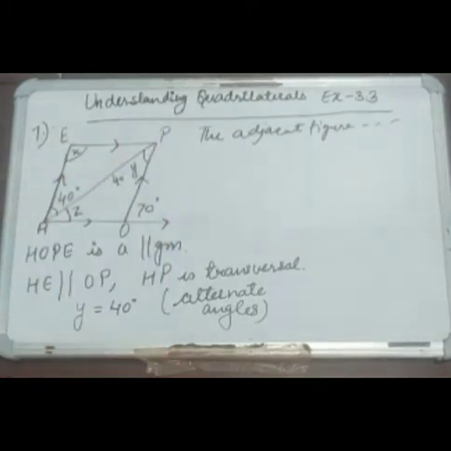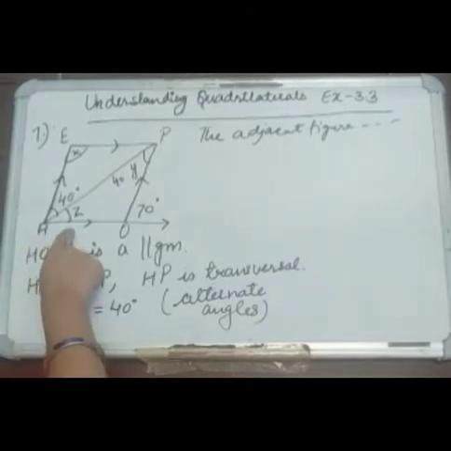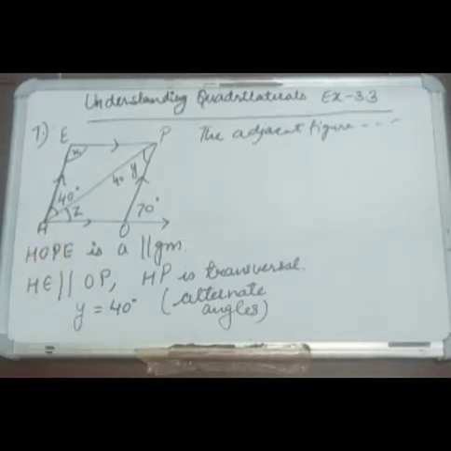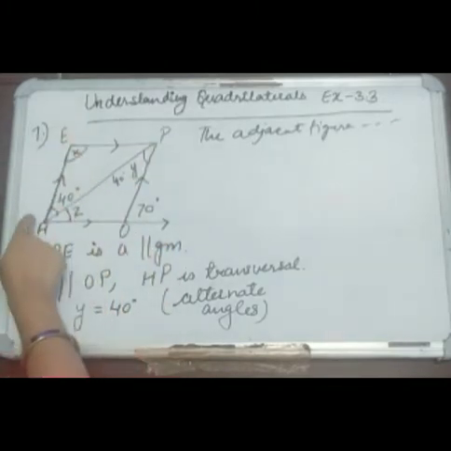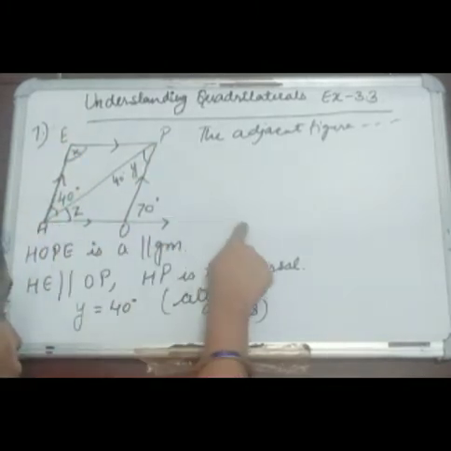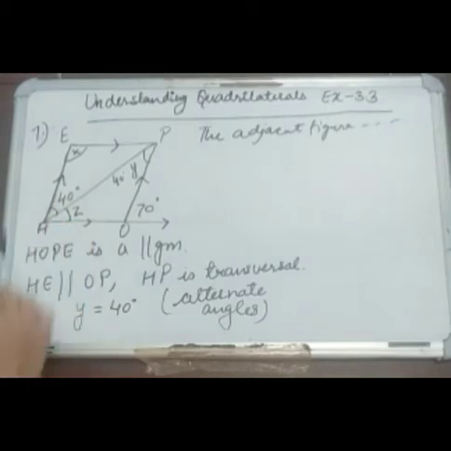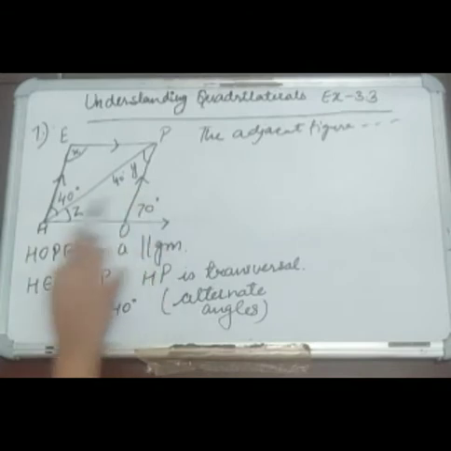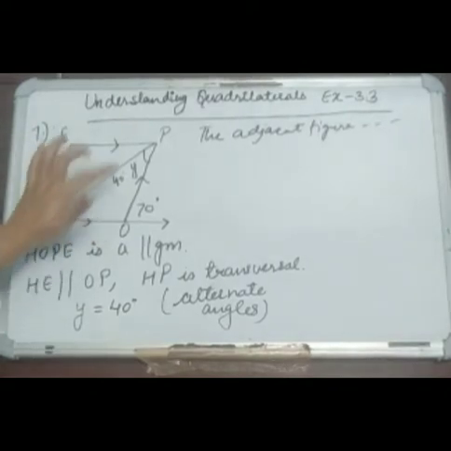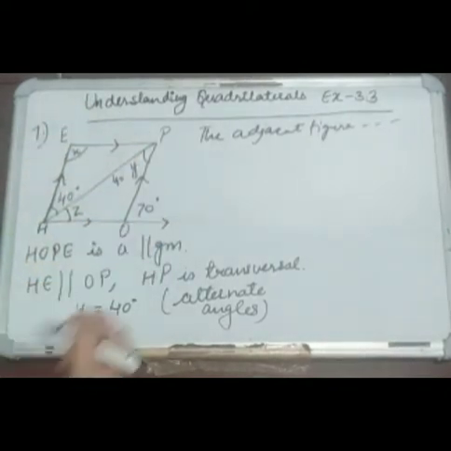Now we can find out this z. See how we can find it. OP is parallel to HE and it is lying on this one line. So on the same side of the parallel lines, these two angles are corresponding. Which two angles? EHO and the other one, you can name it anything. So these two angles are corresponding.